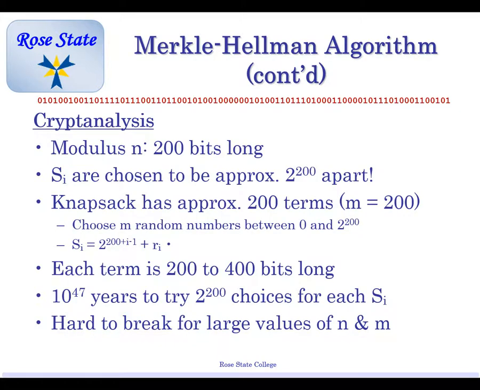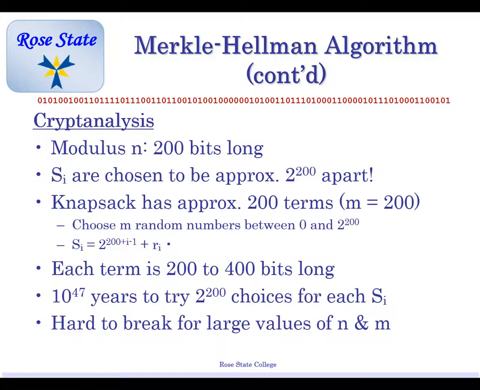Now, a little bit more information about this. The modulus is approximately 200 bits long. So that modulus, we're working with a 13. Imagine one that's 200 bits long. The simple knapsack digits are 2 to the 200th apart.